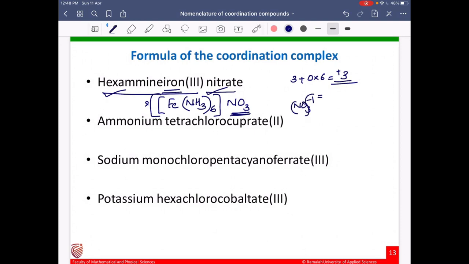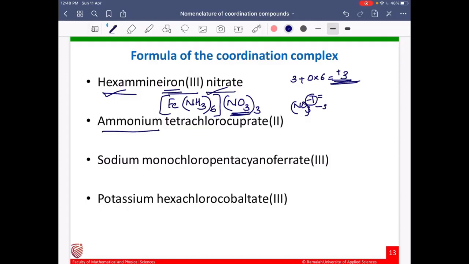To get minus 3, we have to multiply it by 3. So a total of 3 nitrate groups should be there in the formula. So we will write the formula like this: Fe(NH3)6 and NO3 thrice.